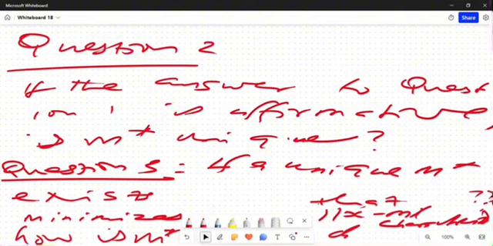Now the answers to these questions will be given in the following theorem.